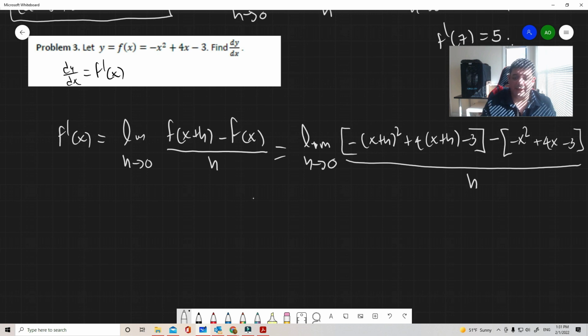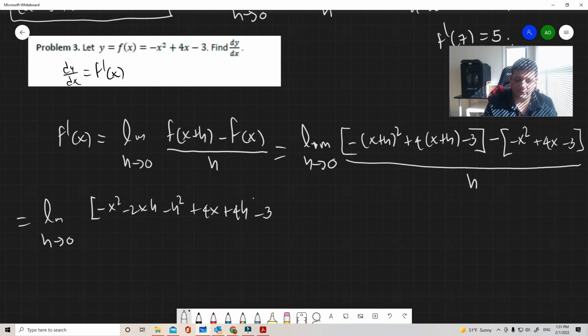Now, of course, I have to do some algebra here to simplify what I'm doing. This is going to be a little bit long, but this is essentially minus x squared minus 2xh minus h squared plus 4x plus 4h minus 3.